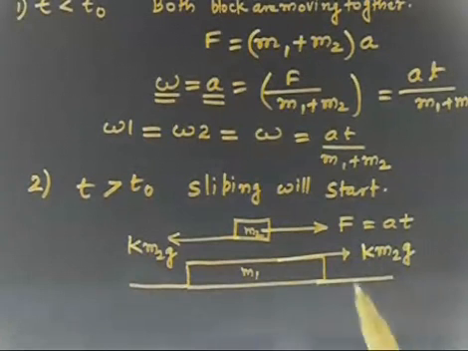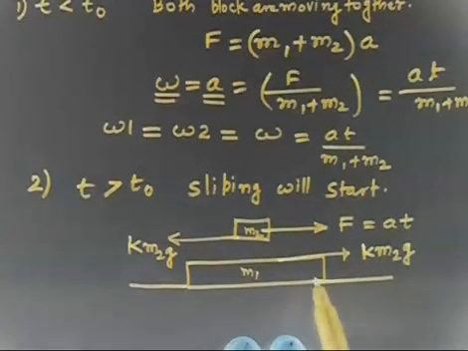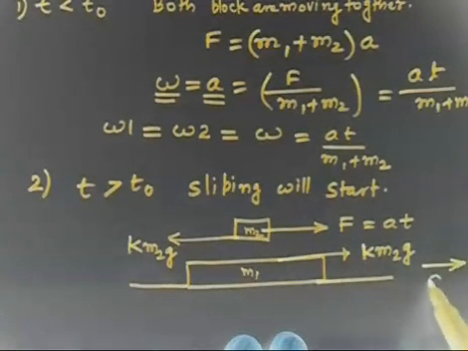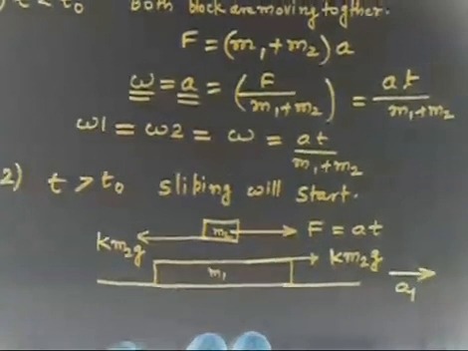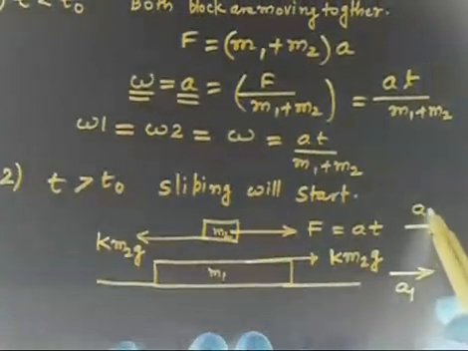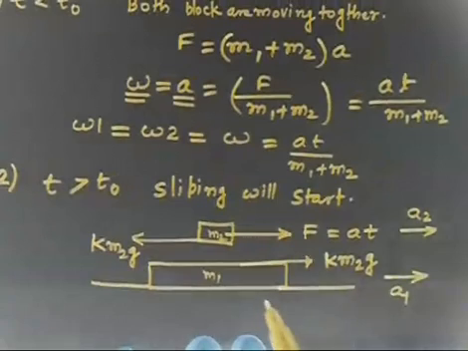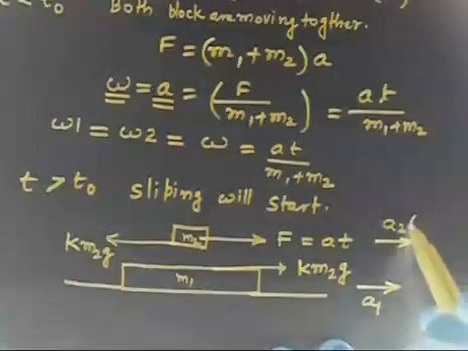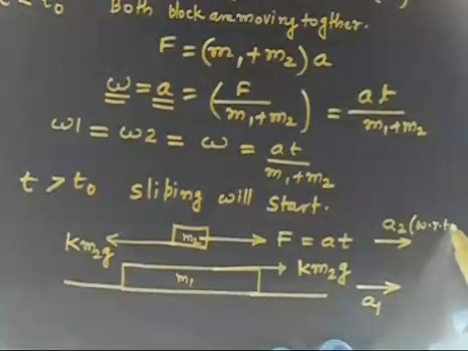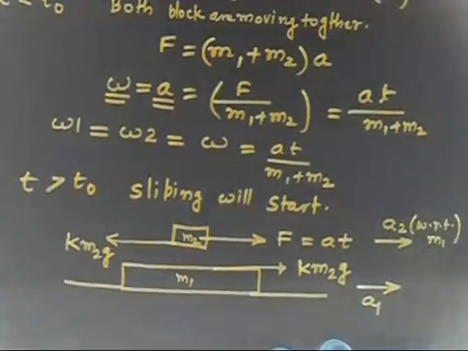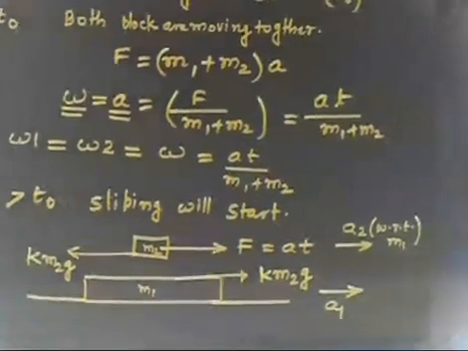Now see, let us say the acceleration of this block is A1. So the lower block has an acceleration of A1. Now the upper block has an acceleration of A2, but this is with respect to M1. So block 2 has an acceleration of A2 with respect to M1.